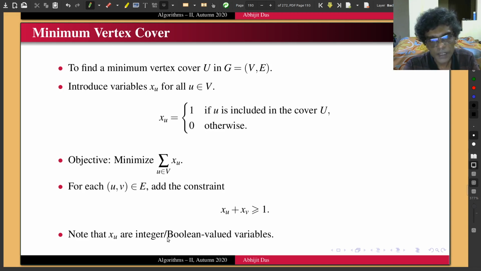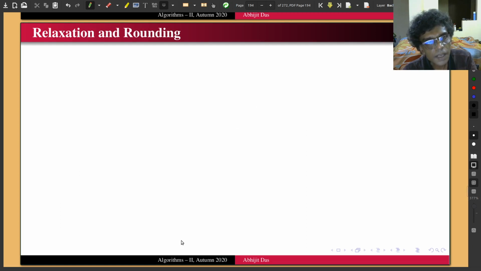They are not real valued variables. This is where the relaxation step comes into the context. So relaxation and rounding.